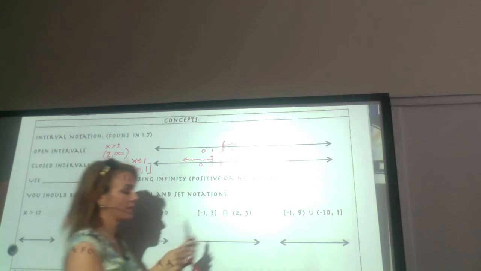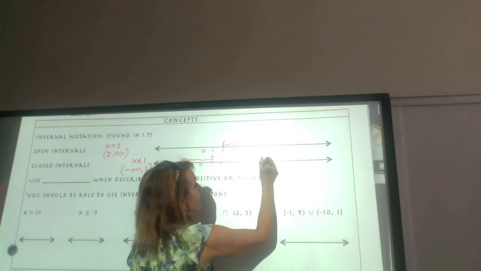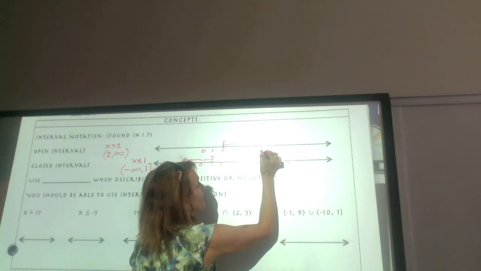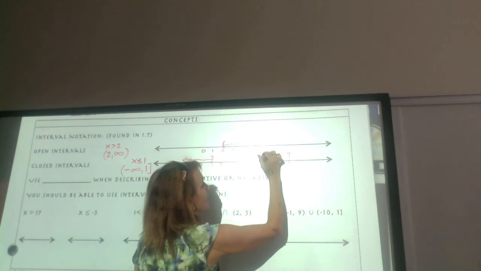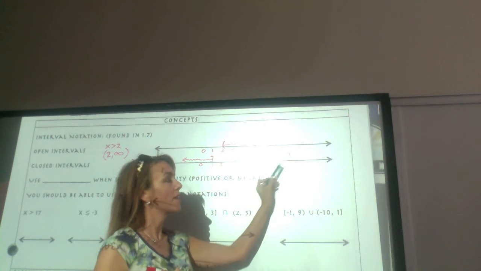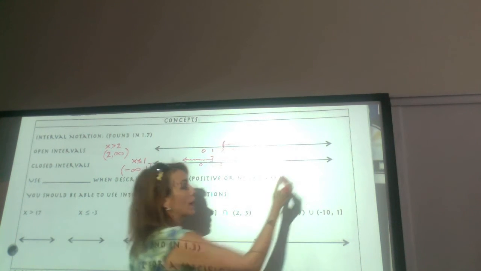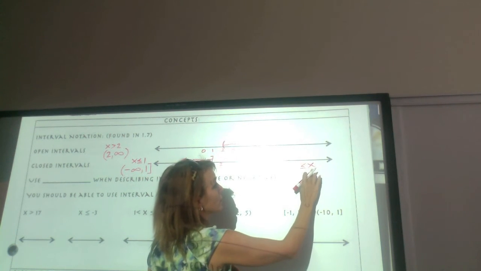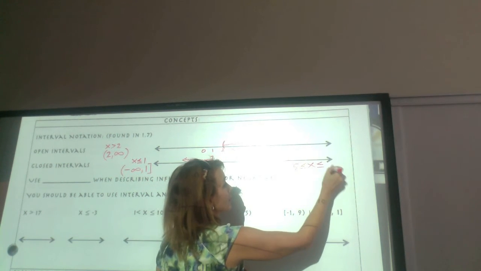All right, how about this example? What if we said 5, 6, 7? What if we said we were interested in this set of numbers? And this is saying from 5 to 7 inclusive, okay? We would write this in set builder notation like this. x is greater than or equal to 5, but also less than or equal to 7.